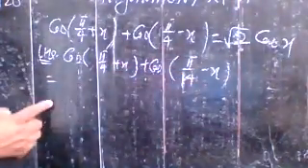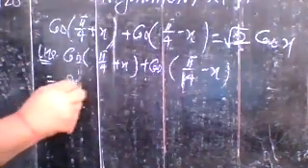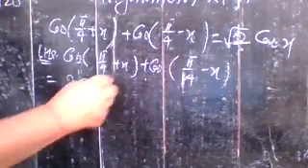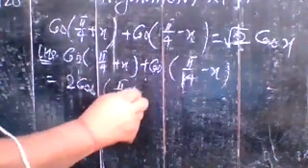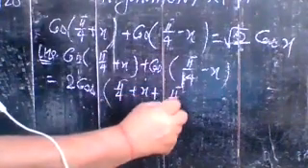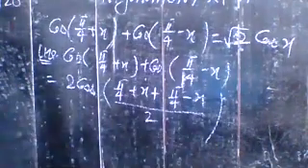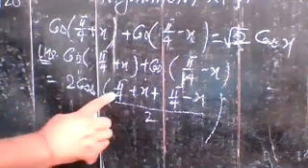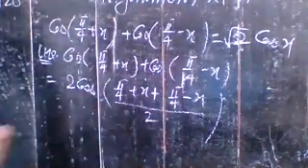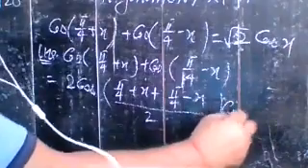Now apply the formula for cos x plus cos y, that is 2 cos ((x plus y) by 2), meaning (pi by 4 plus x plus pi by 4 minus x) whole upon 2, then cos ((x minus y) by 2).